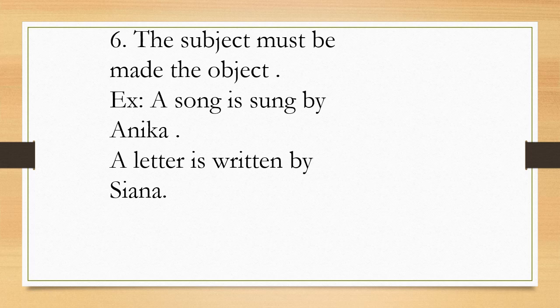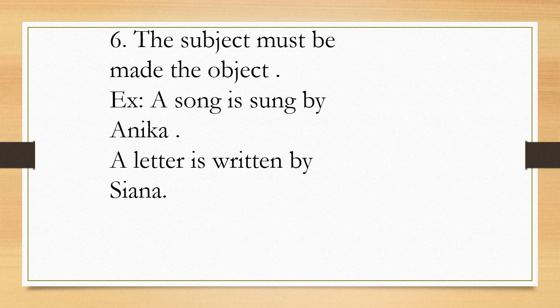A song is sung by Annika. In the first form, Annika sings a song. Now I change it into passive. New object, new subject. Be form of the verb. Participle. Add what? Preposition. And the subject became the object. Is it clear? Sixth rule is the subject becomes the object.